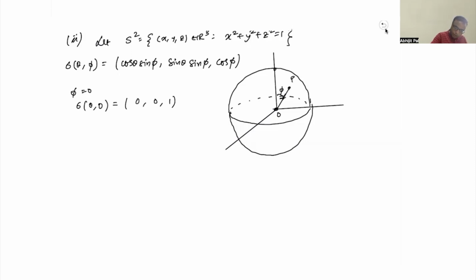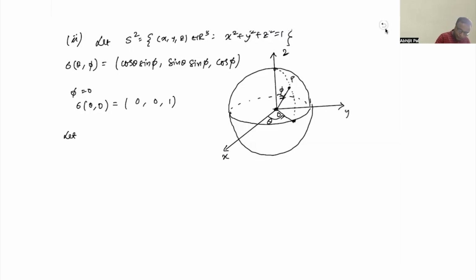So we'll get this point. Okay. And if I take this line, this is my x-axis, this is my y-axis, and this is my z-axis. So this angle is theta.